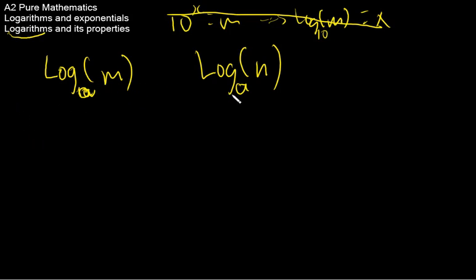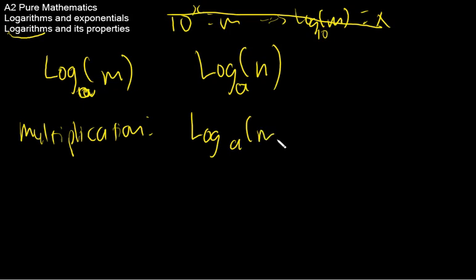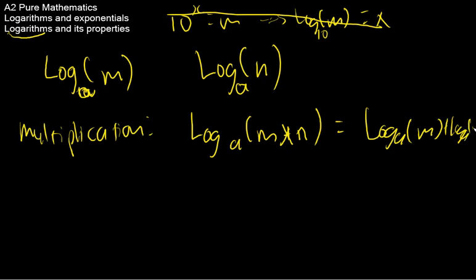First we have the multiplication property. That states that log to the base a of m times n is equal to log to base a of m plus log to base a of n. Now why is that?